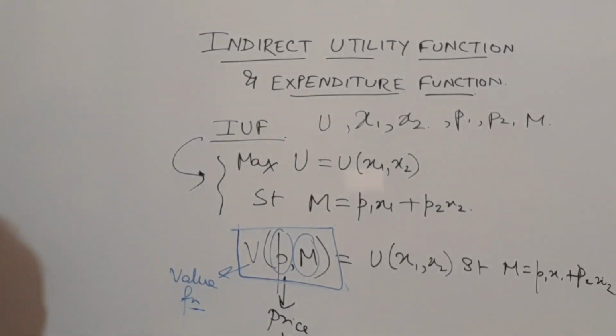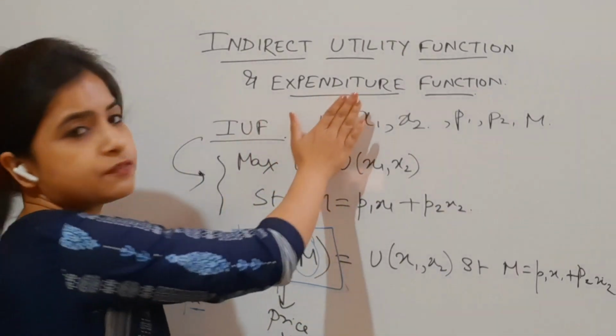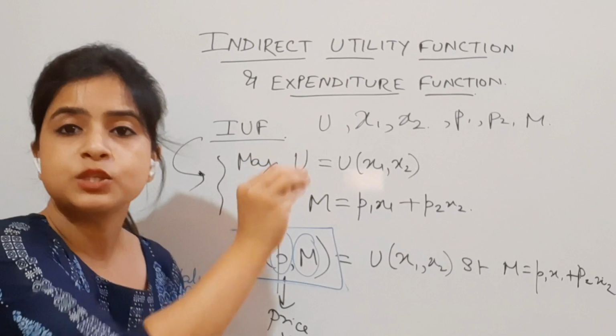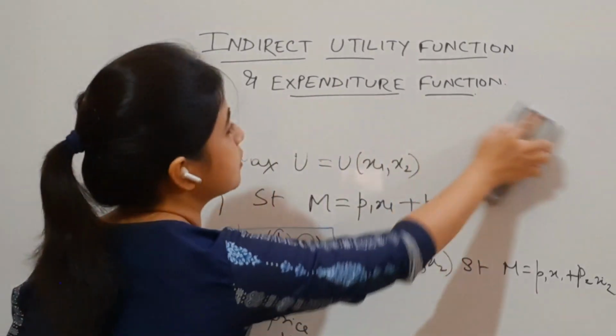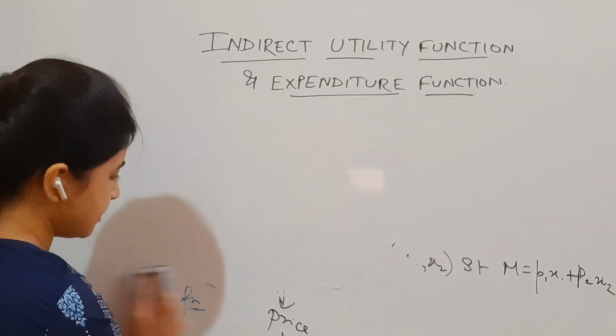Okay, now coming to the expenditure function, let's understand its objective as well as the budget constraint. The variables remain the same.